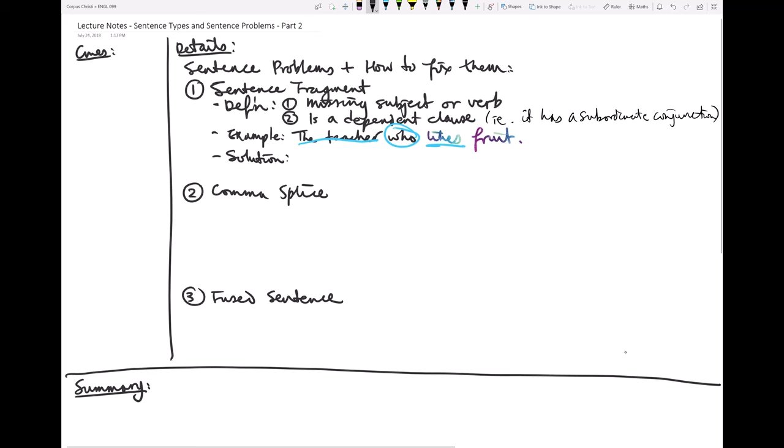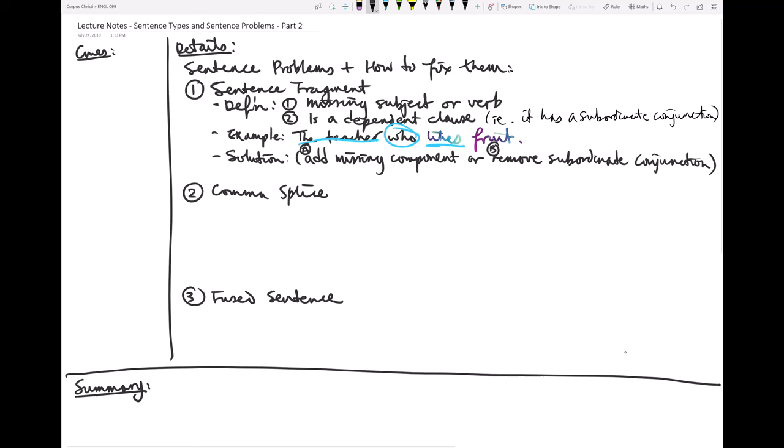So the solution is add missing component or remove the subordinate conjunction. However, you have to choose carefully because these actions will change the meaning of your sentence.